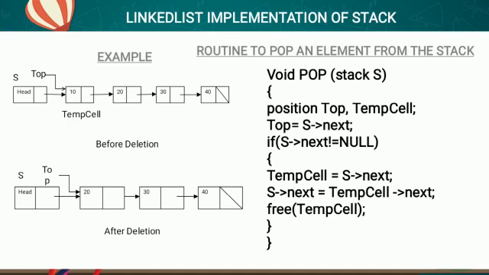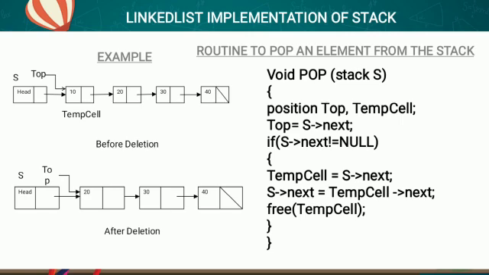Next, the routine to pop an element from the stack. It is the process of deleting the top element from the stack. With linked list implementation, the element at the front of the list, that is S of next node, is always deleted. It takes only one parameter X, that is the element to be deleted from the front of the list. Before deleting an element, we check for an empty stack.